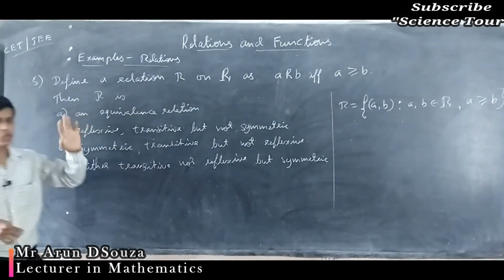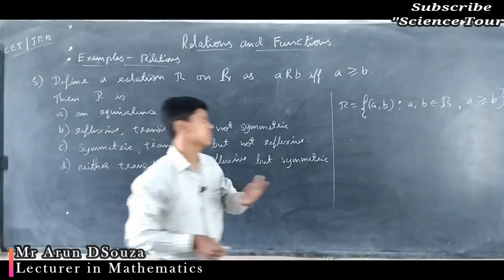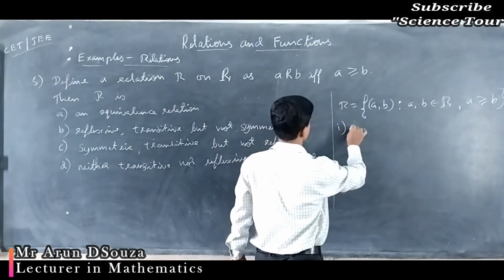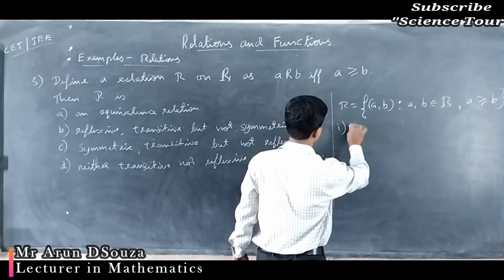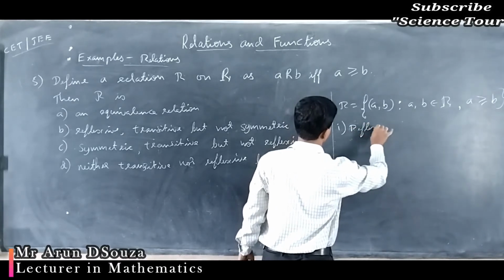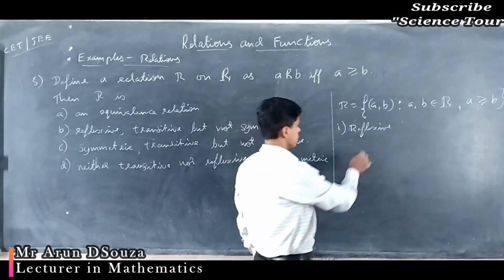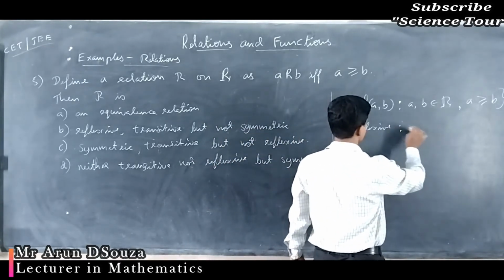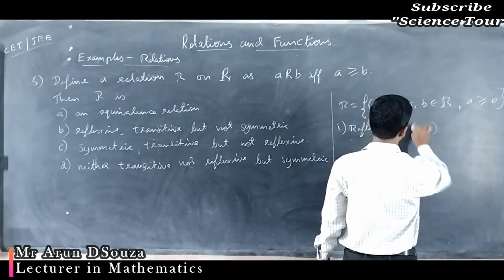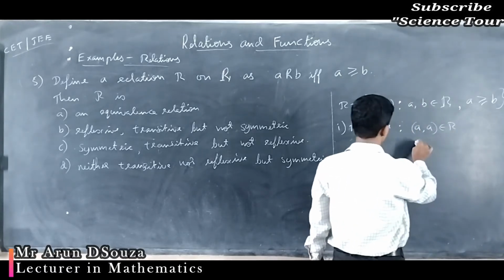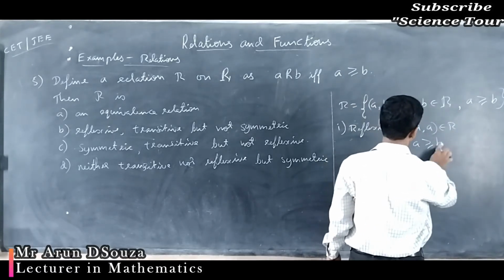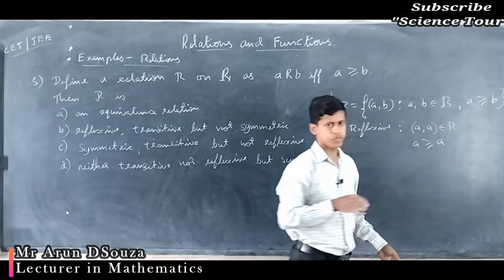First, equivalence, so you have to check reflexive, symmetric and transitive. Let's do that first. So for reflexive you have to check for A comma A, correct? Now do you think A comma A belongs to R? When will it belong? If A is greater than or equal to A, correct?